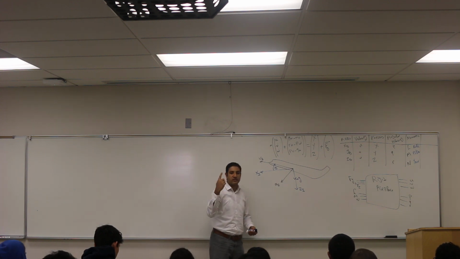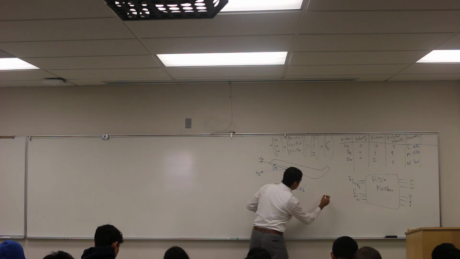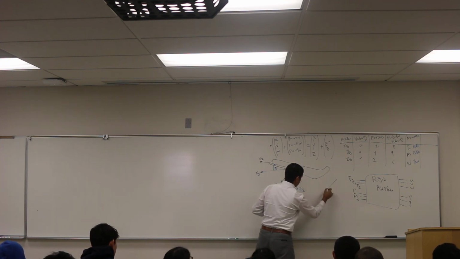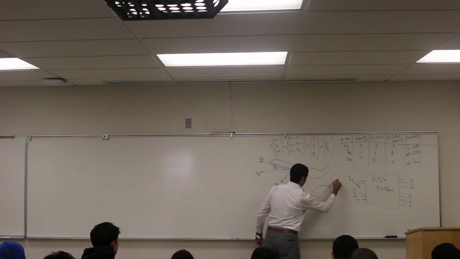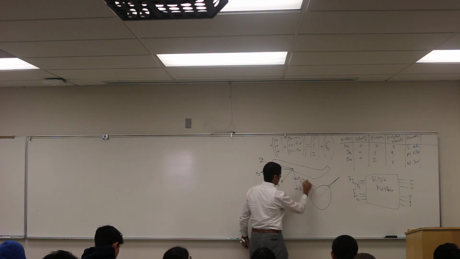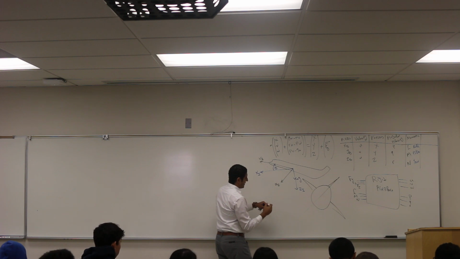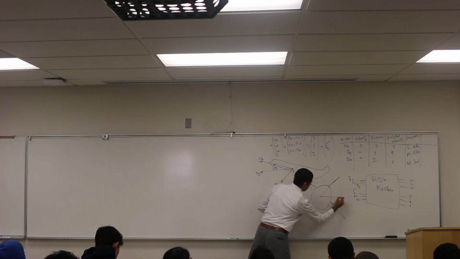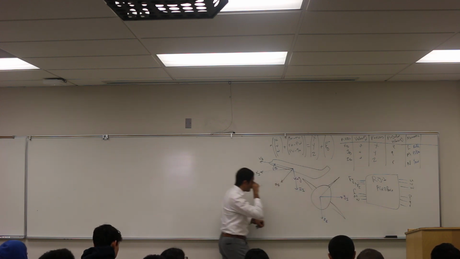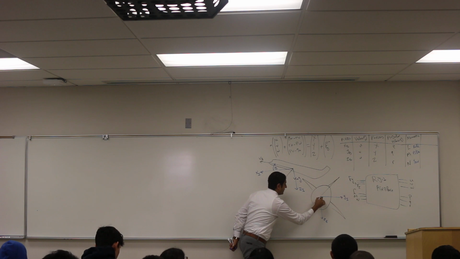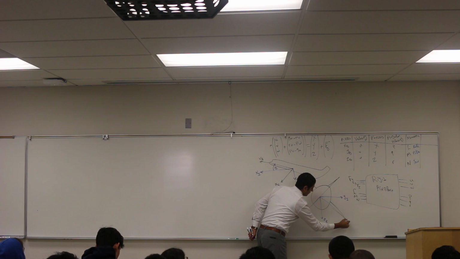But we don't have only one rotation, we have 3 rotations. So we have something like this. Again, this is y inertial, this is z inertial. With the body, the axes rotate with the body. So this is z body, and this is y body. Okay?